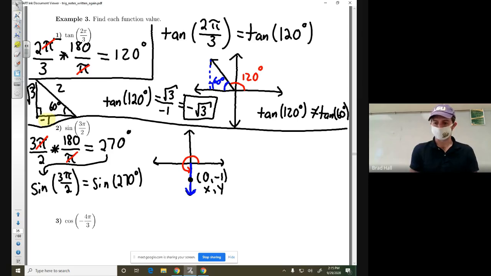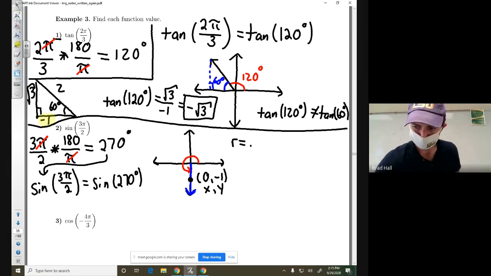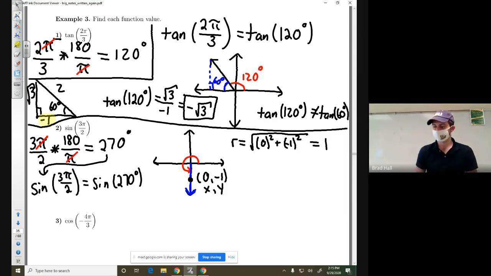That's where the Pythagorean theorem is going to come into play. So r is the square root of 0 squared plus -1 squared. It doesn't really matter because you get 1. And r is always going to be positive because square root always outputs a positive.